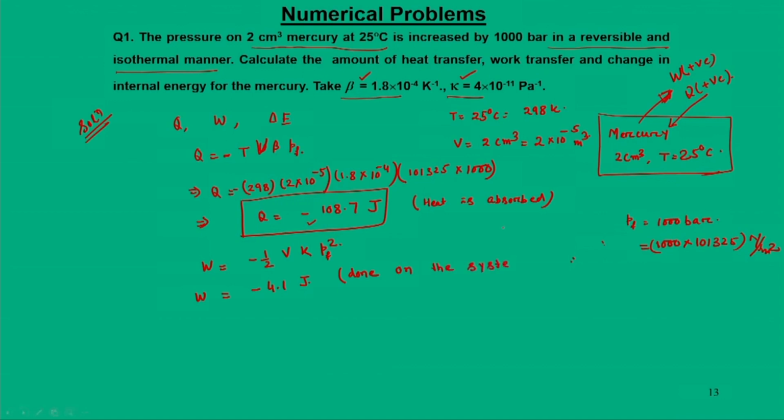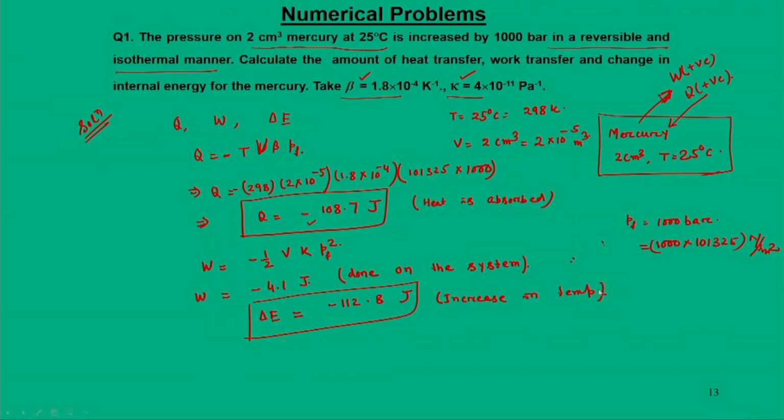That is also true because we are increasing the pressure. And from this we can get delta E as the summation of these two, minus 112.8 joule. So, this means internal energy goes into the system, that is, an increase in temperature.